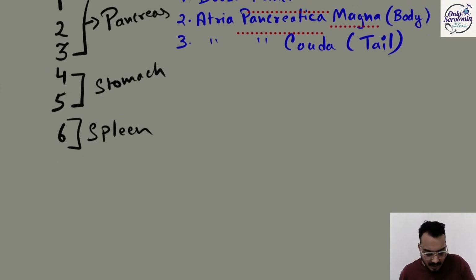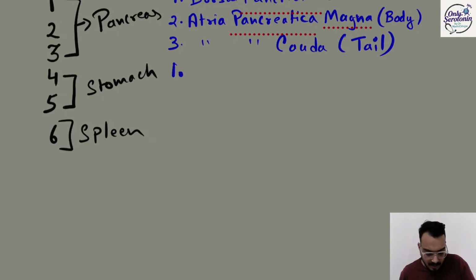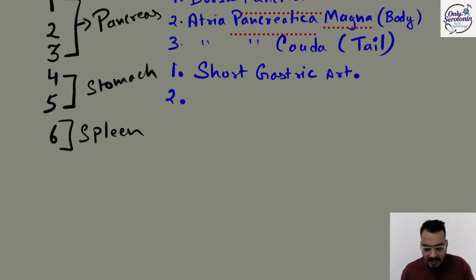What about next two arteries which are going to supply my stomach? The first artery which is going to supply my stomach, it is my short gastric artery, right? What about the second artery, guys?